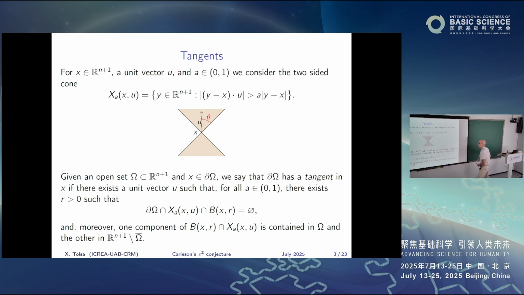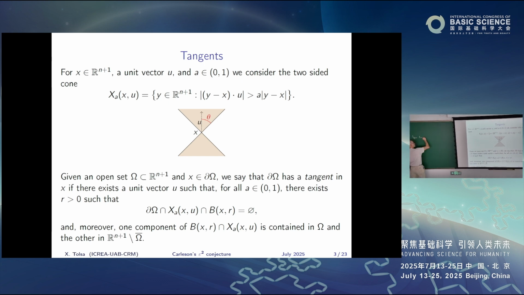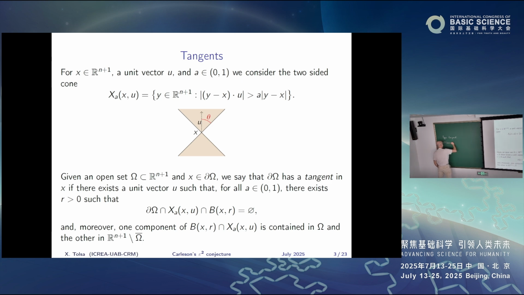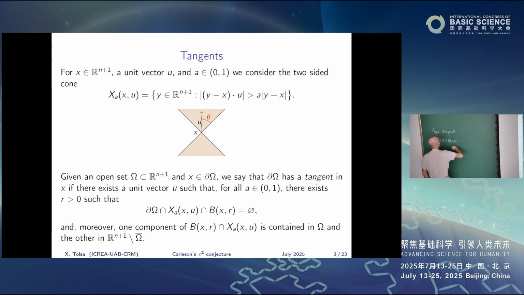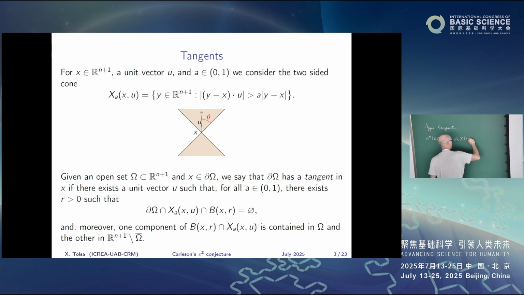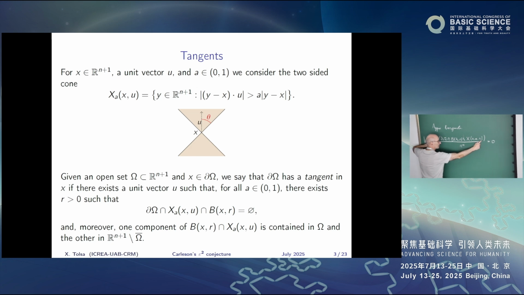By the way, for the notion of approximate tangent, instead of asking this set to be empty, we ask this limit, these measures, to tend to zero.